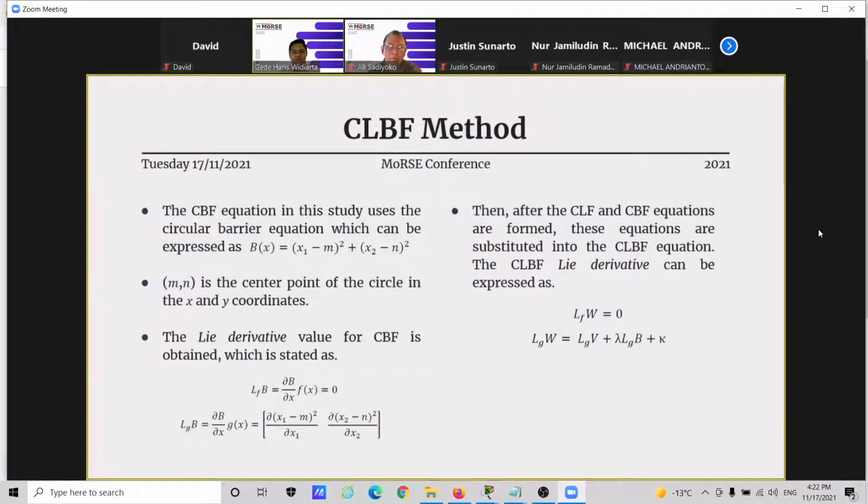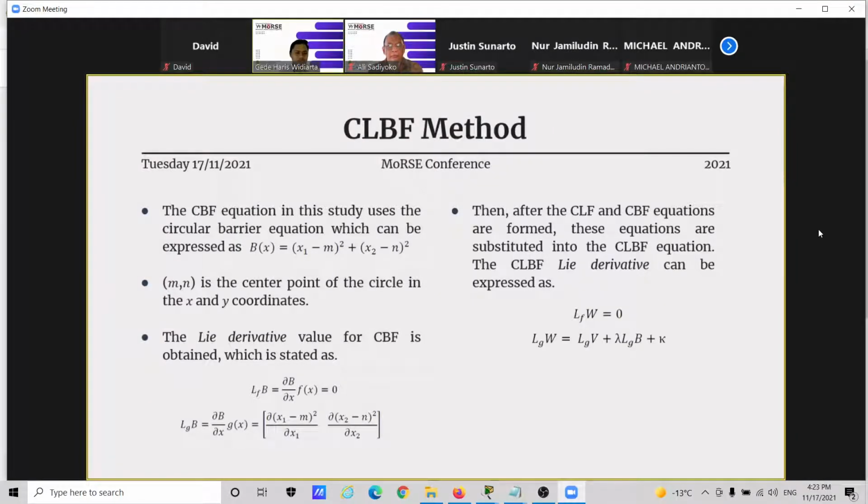And then we go to the CBF equation. The CBF equation in this study uses the circular barrier equation because the barrier is in circle shape, as represented by D(x), and M and N is the center of the point in the circle in the x and y coordinate.